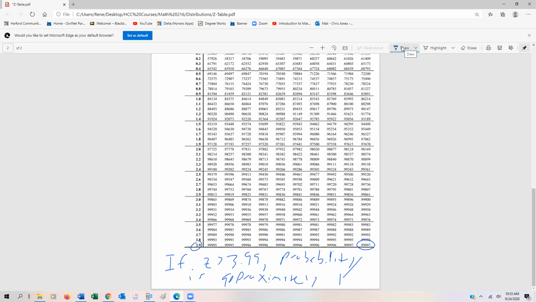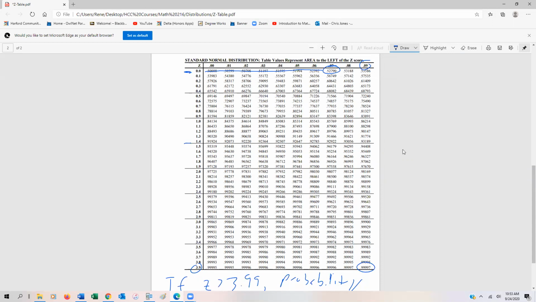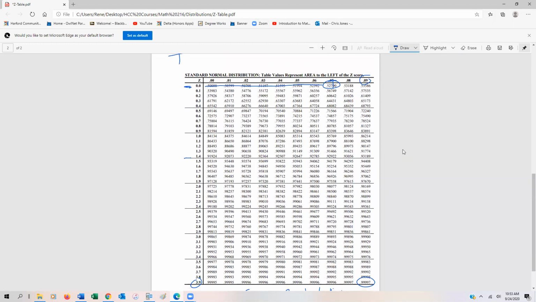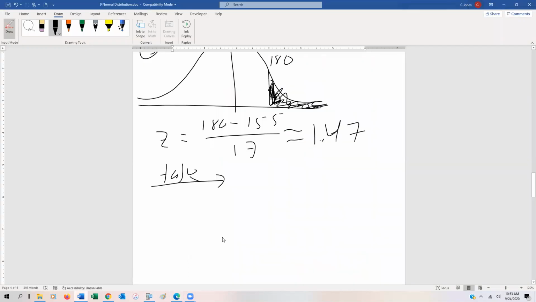And so we go to 1.4 and then we go all the way over to 7. And 1.47 is this 0.92922. So let's go over here, and that's 0.92922. And that's really going to be what?